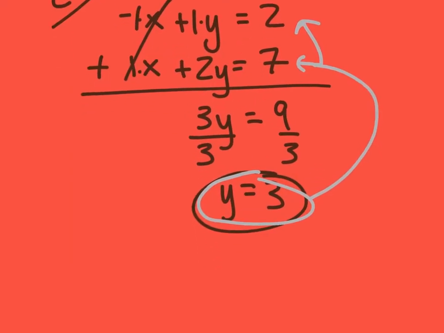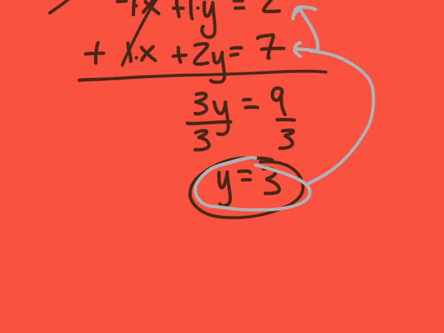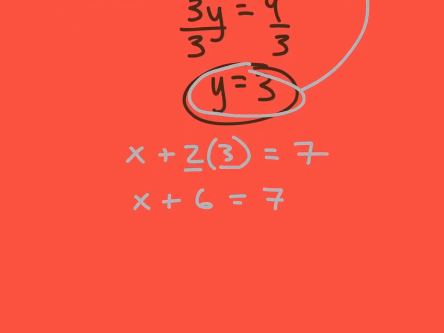So if I plug it into the bottom equation, I get x plus 2 times y, but instead of writing y, I'm going to write what y is equal to, which is 3, and that's equal to 7. So I have x plus 2 times 3, which is 6, and that's equal to 7. I'm going to subtract 6 from both sides, and I get that x is equal to +1.